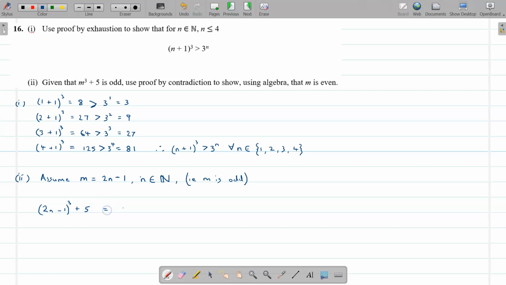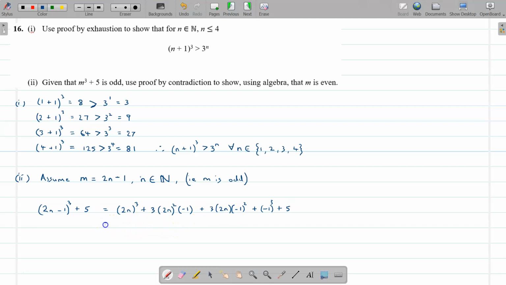That's going to give me 2n all cubed plus 3 lots of 2n squared times negative 1 plus 3 lots of 2n using the binomial expansion or the coefficients from Pascal's triangle, minus 1 squared, and finally minus 1 cubed plus my 5.